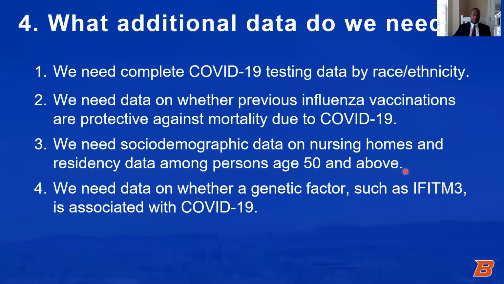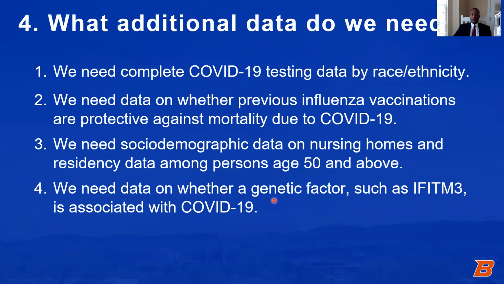Is there something else? Is there a lower level of income or education driving that? Or are Blacks more likely to go to nursing homes? Are those nursing homes lower quality? Is there something about the living arrangements of older persons that makes Blacks much more likely to die of COVID-19 compared to other populations?